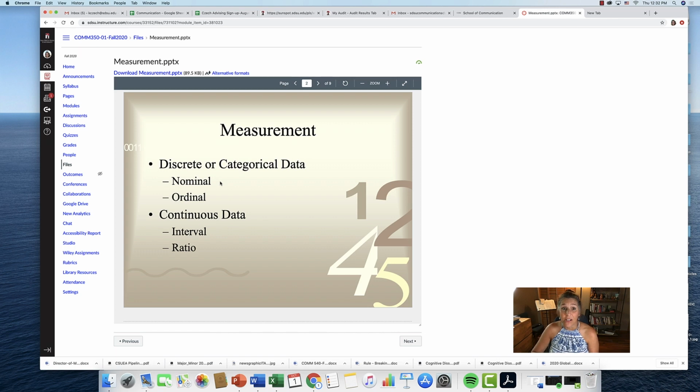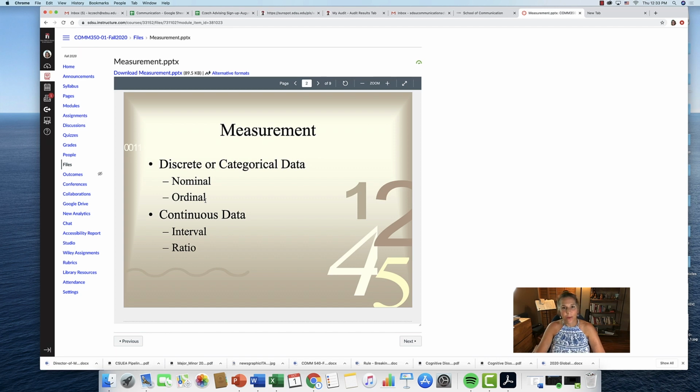Ordinal, we said, tells us a rank order of something. And I said if I were to rank my preferences for president, I could put them in order 1, 2, and 3. What we don't know with ordinal is the distance in between. So I may rank my number 1, I think I said Mickey Mouse, but my number 2, which is a really long shot number 2, might be Donald Duck.